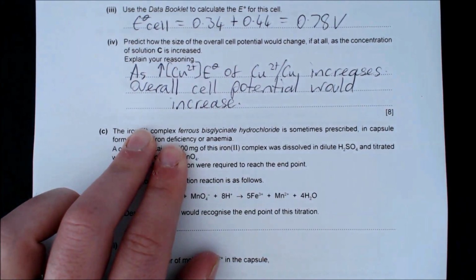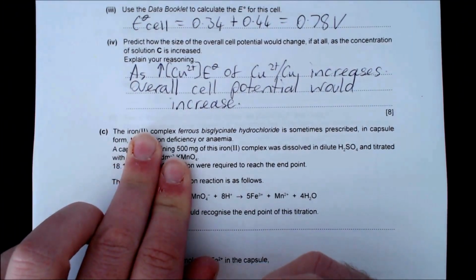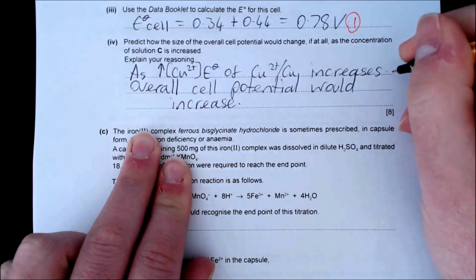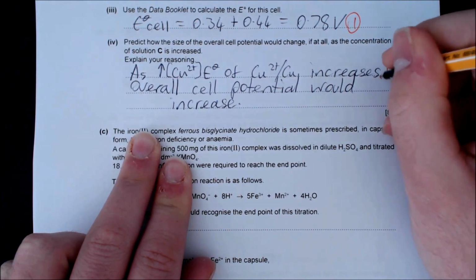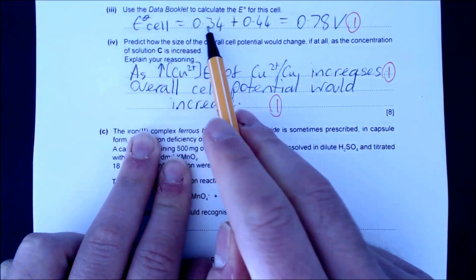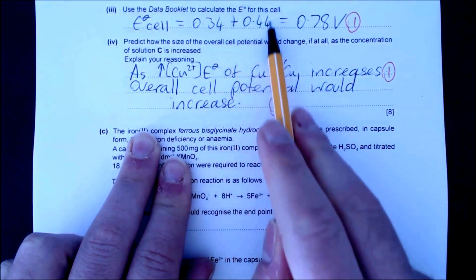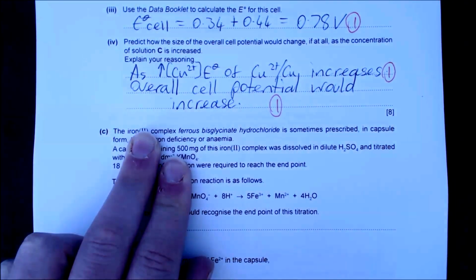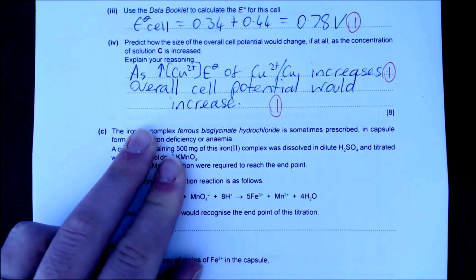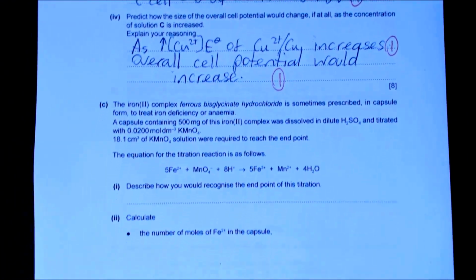You can just look at these ones here because I know they don't really break up the marks for these ones. You get 1 mark for this, 1 mark for saying that actually this would increase, and then the effect on the E naught of the cell. So basically, if we increase any of these numbers here, we get a bigger value here, and so that's going to make it more likely to occur. Right. Okay. So C.